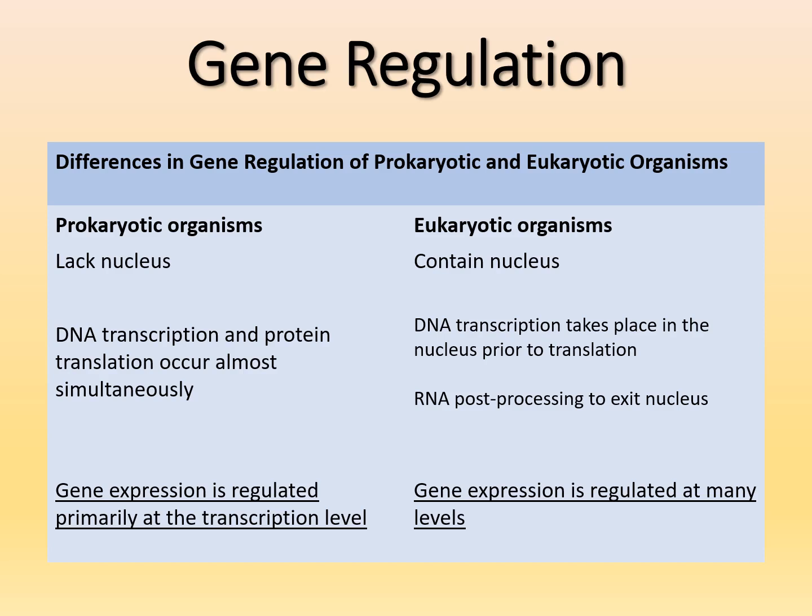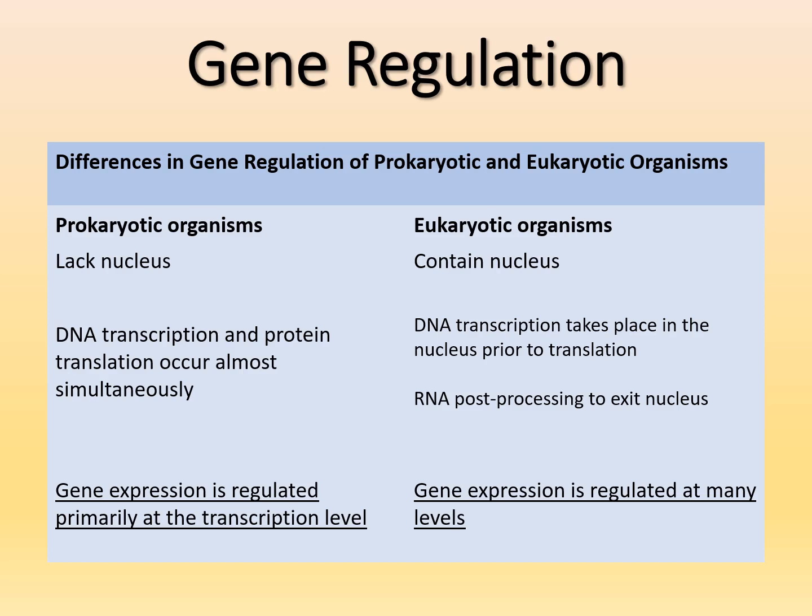Therefore, transcription and translation occur almost simultaneously in the cytoplasm. That's different from our eukaryotic cells, where transcription takes place in the nucleus, and we have to go through a processing of that RNA before it actually exits the nucleus.